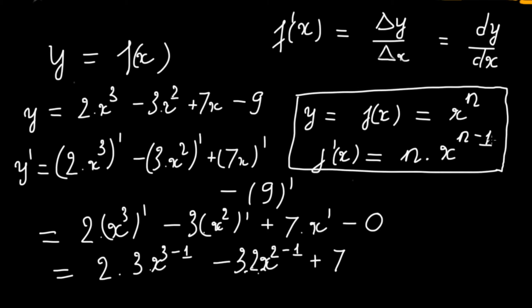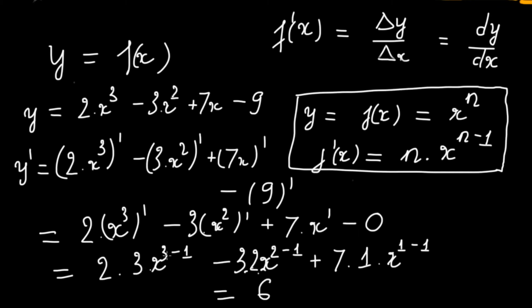You put 1 right here, and then x raised to the power of n minus 1 should be 1 minus 1. X to the power of 1 minus 1 should be 0. Then 0 right here.